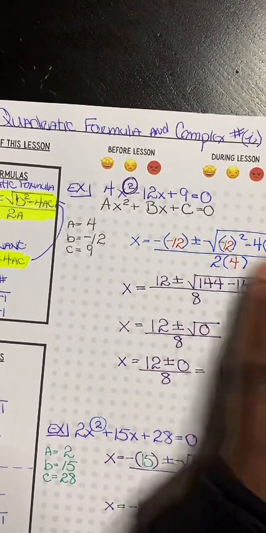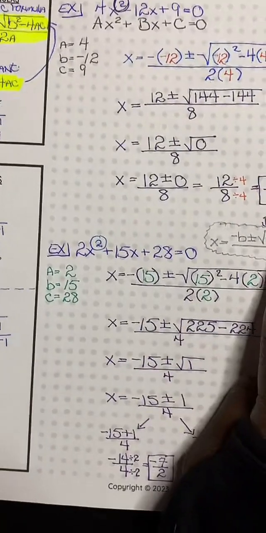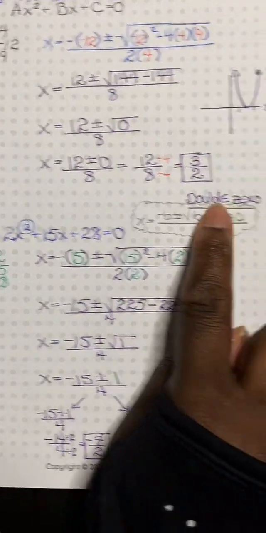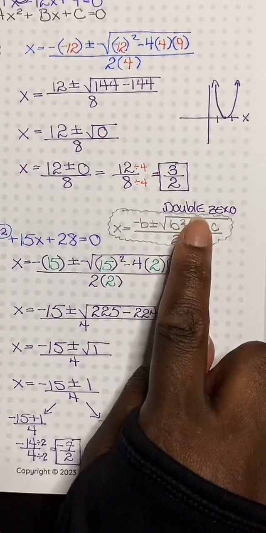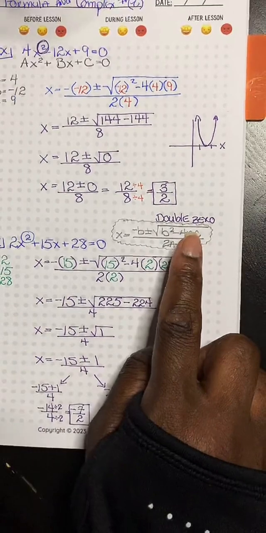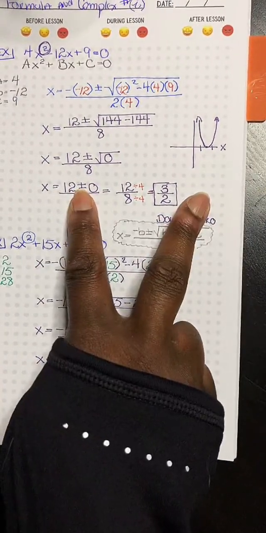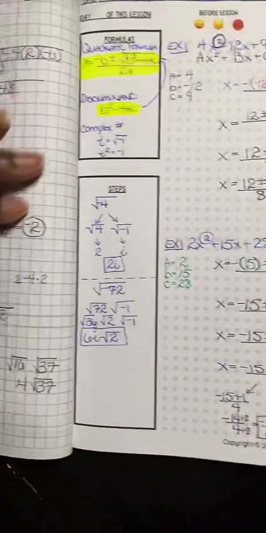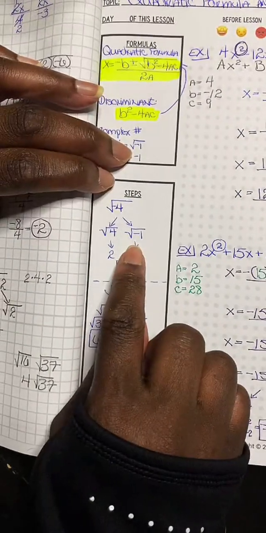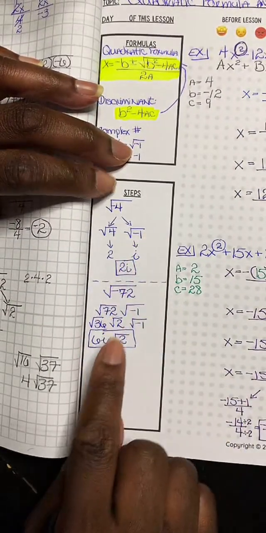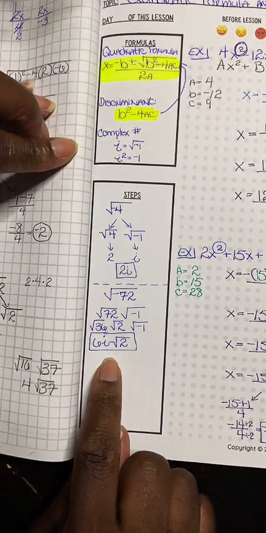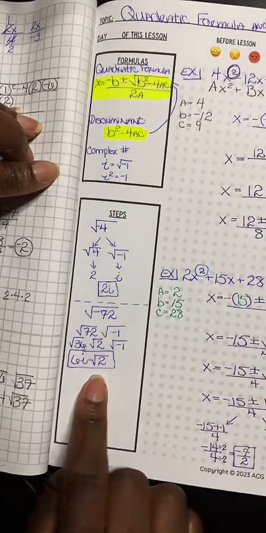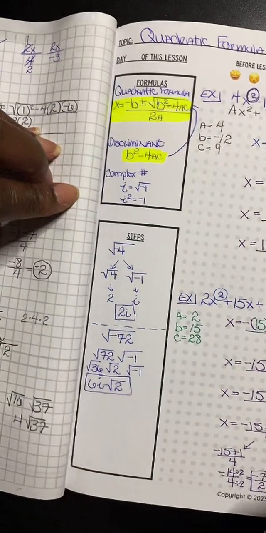If your discriminant is 0, you're going to have one real solution as a double zero. If your discriminant is positive, you're going to have 2 real solutions. And if what's underneath the square root is negative, you're going to have what's called a complex number. You're going to have imaginary solutions.